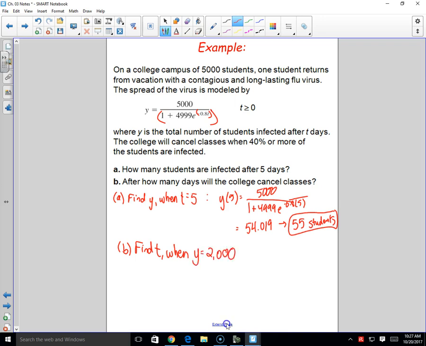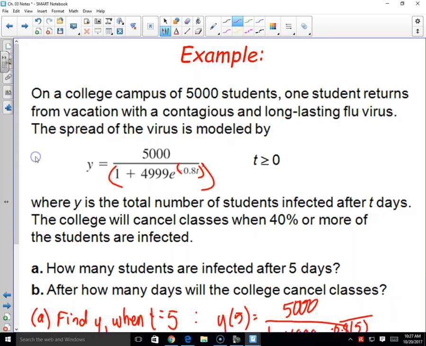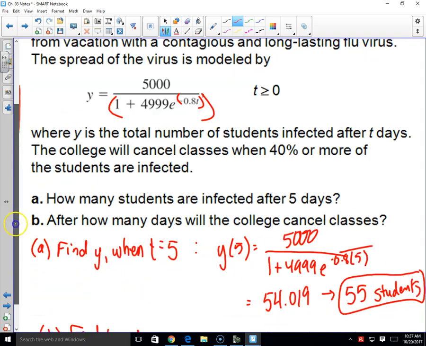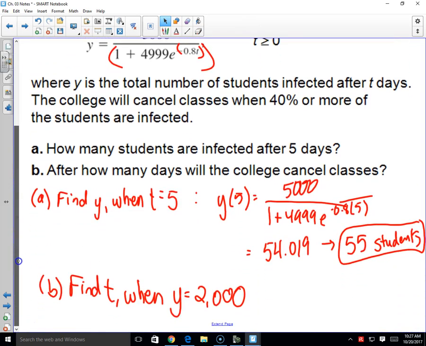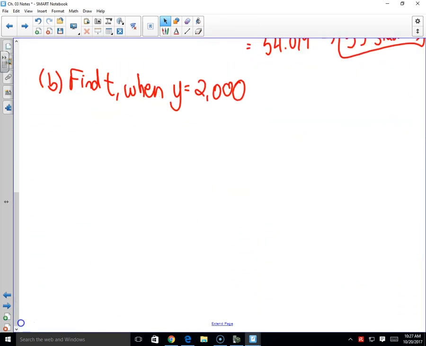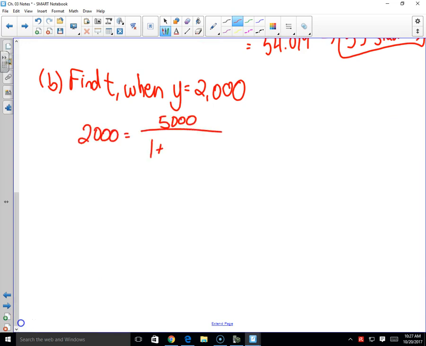Could we mess around with our window and try to graph like I showed before, if I can actually get this to work? Hold on a second. Let's take that equation, set the Y equal to 2,000. Help me out, keep me honest. I know it's 5,000 over 1 plus 4,999 e to the negative 0.8 t.